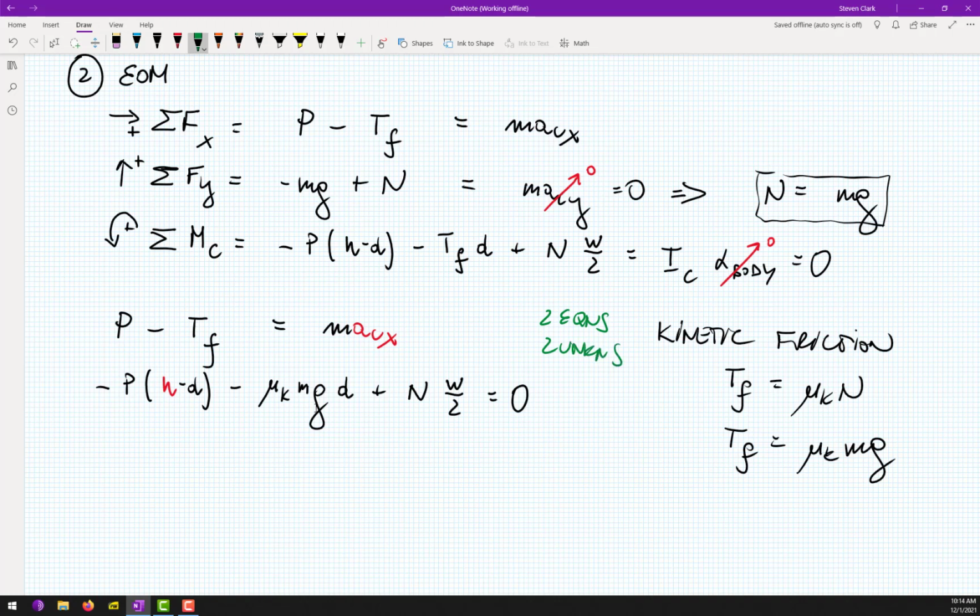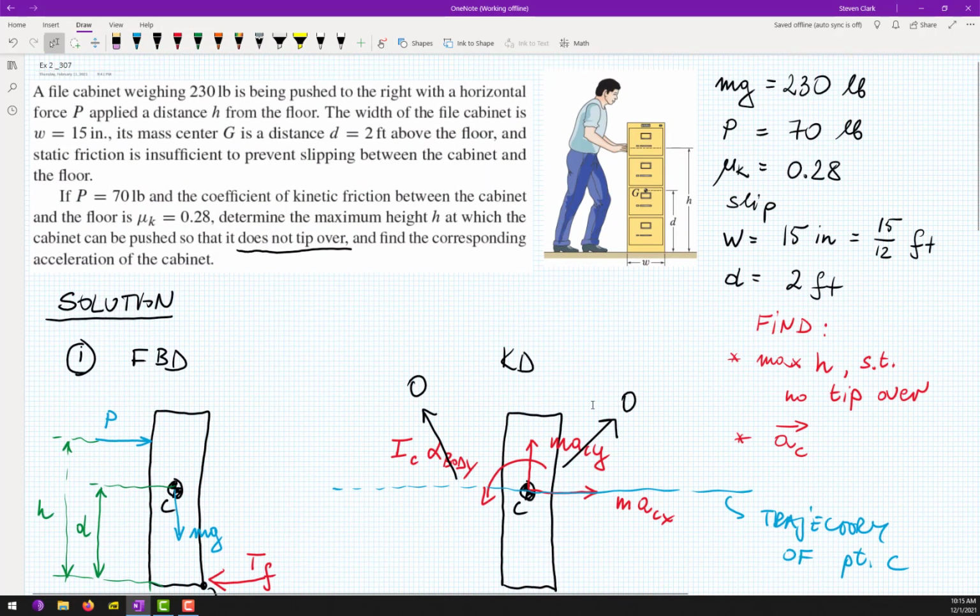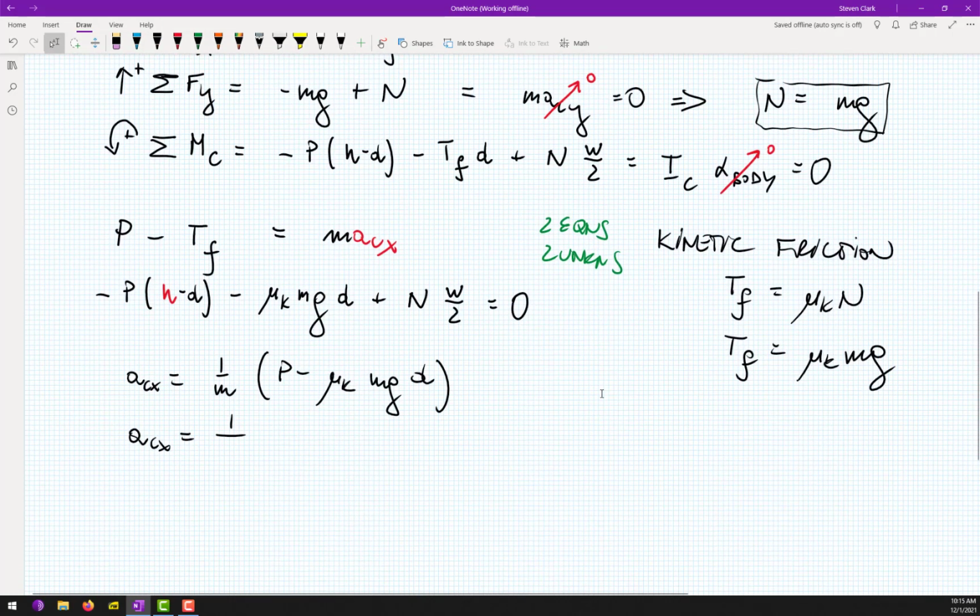Okay, so if you solve it, we can actually plug in values. So ACX will be 1 over m times P minus mu k mg. So plug in values. ACX is equal to 1 over how much? 230 divided, yes.